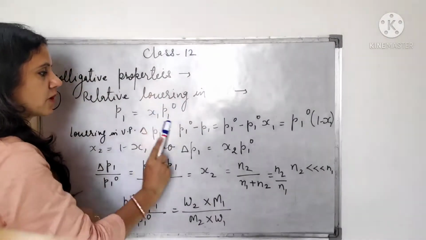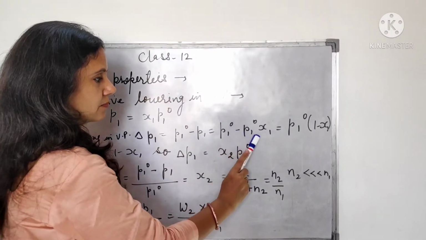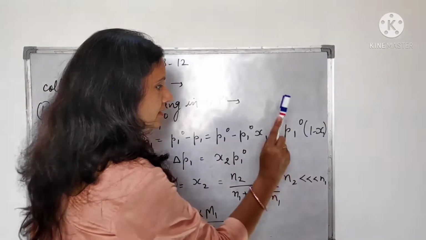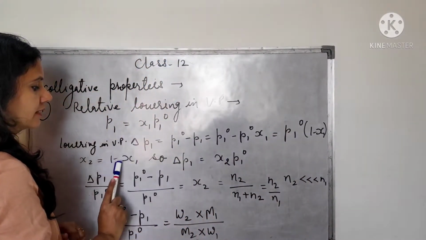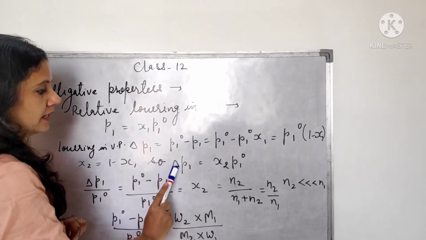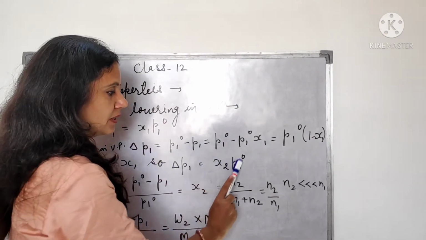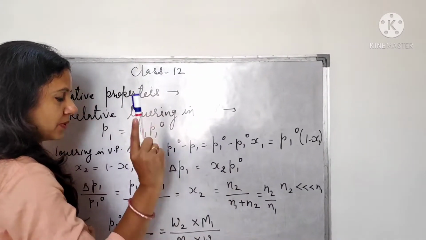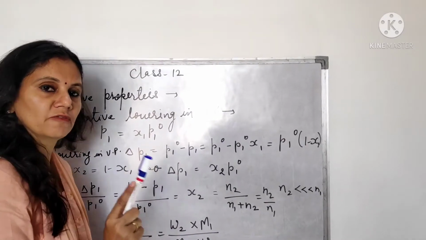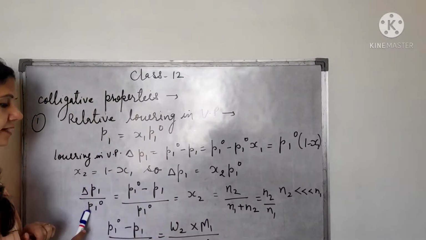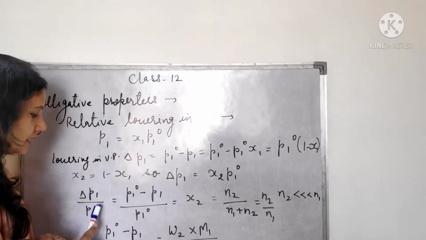P1 can be written from this equation, then we get P1 naught times 1 minus X1. 1 minus X1 can be written as X2, the mole fraction of solute. Then delta P1 equals X2 P1 naught. This is the equation for lowering in vapor pressure of the solution when we mix a non-volatile solute in a solvent, which we can relate to the pure solvent's vapor pressure.